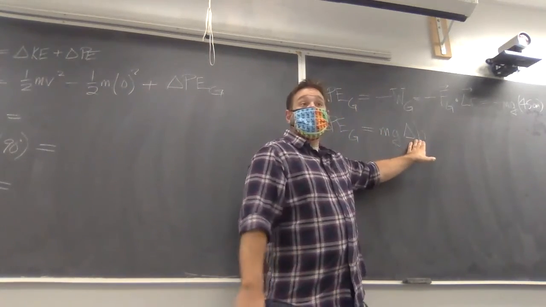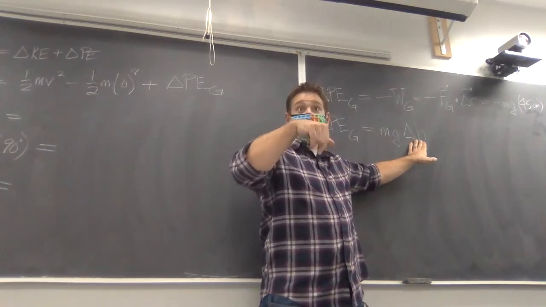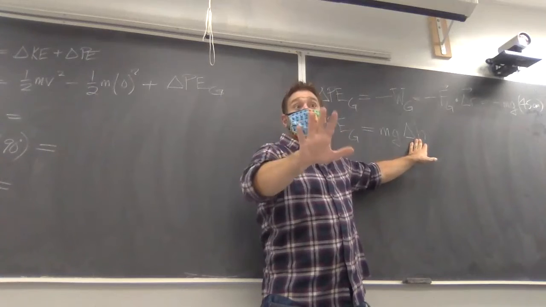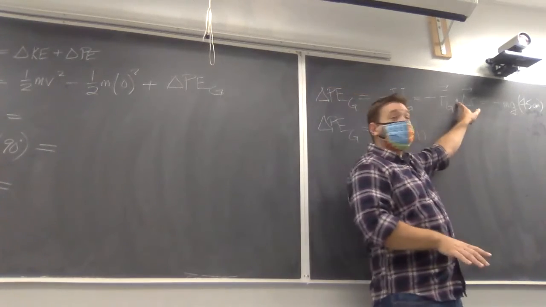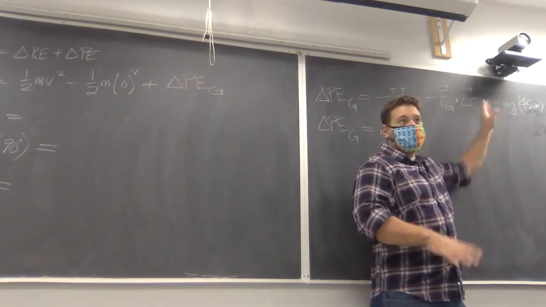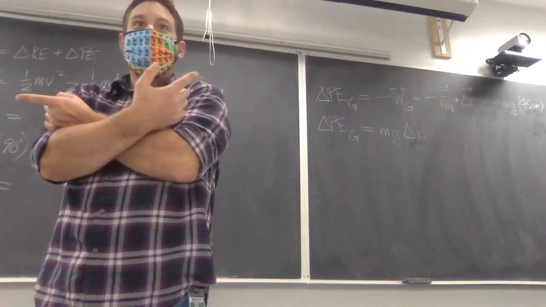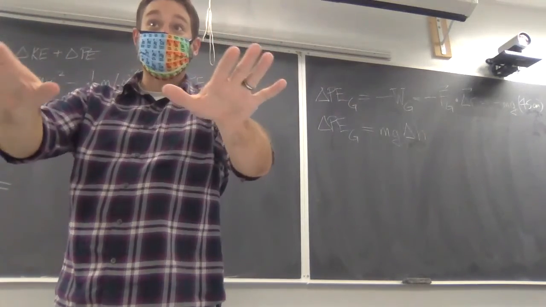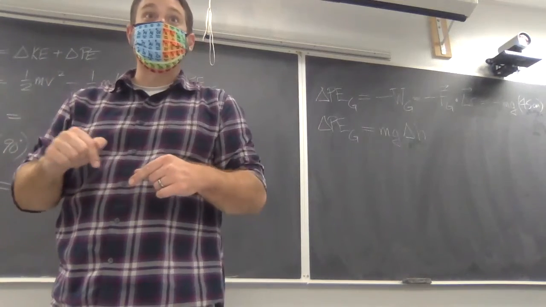And I said up or down, not the positive Y or the negative Y. This is up or down, never mind your coordinate system, because it all has to do with the orientation between gravity and our displacement. It doesn't matter whether you draw your coordinate system one way or the other. If we're moving down, even if you call that positive, that's the same direction as gravity, and that's what I care about.